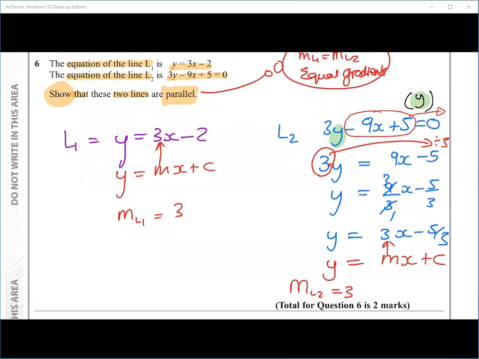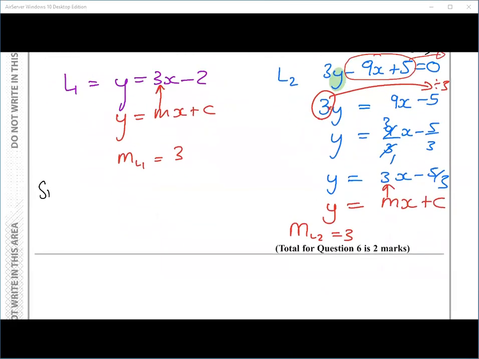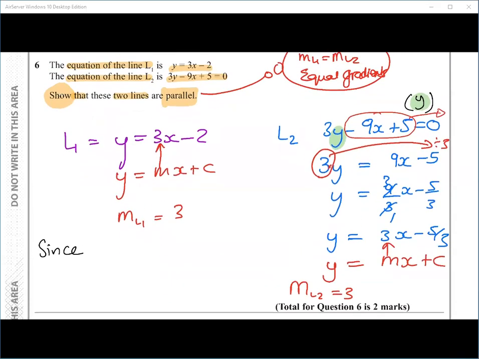So let's make a little statement as a show. Since two parallel lines have the same gradient, we can say since the gradient of line 1 is equal to the gradient of line 2, therefore the 2 lines are parallel.